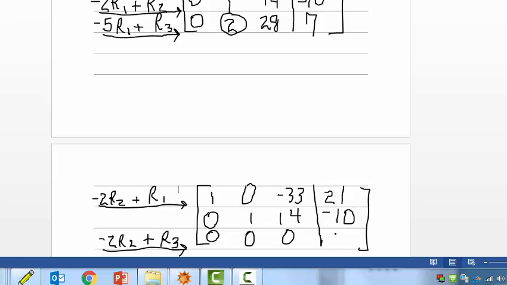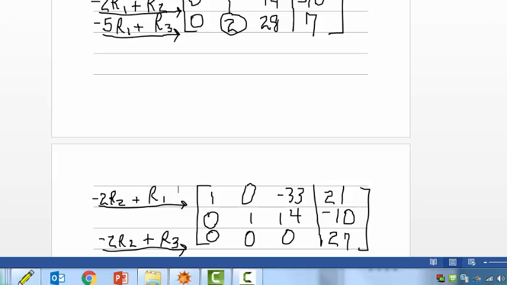If I get anything other than a 0 here, the system is inconsistent, because I'll be saying essentially 0 equals a non-zero number, which is of course false. So let's see what happens. Negative 2 times negative 10 is 20, plus 7 is 27.